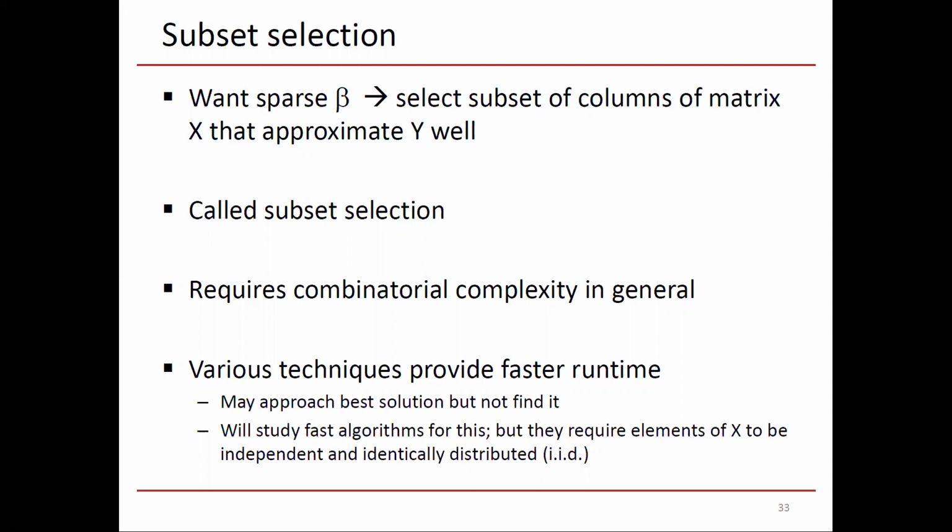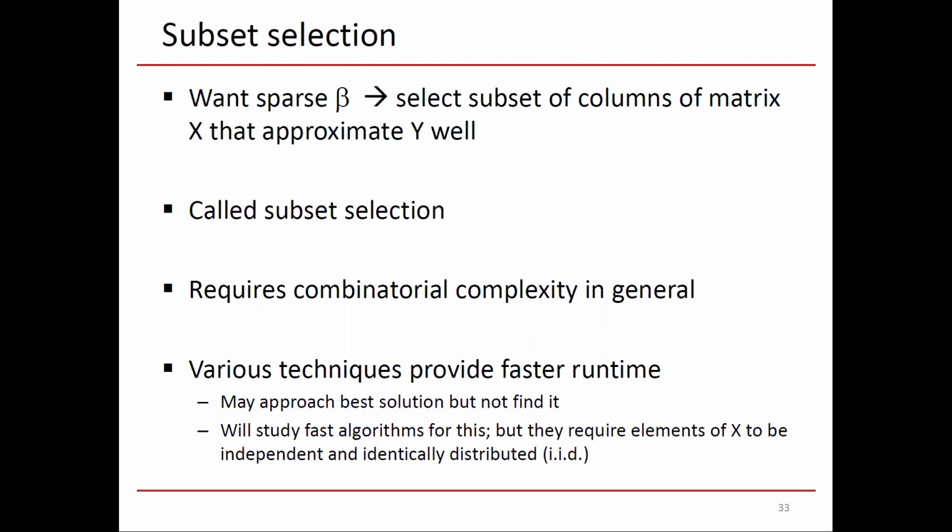Various techniques provide faster runtimes. Some of them offer near optimal outputs. So they approach the best solution, but they may not find it, or perhaps the quality of their solution is going to be very close to the quality of the best solution. What we're going to do in the sparse signal processing segment of this course is look at fast algorithms for doing this.